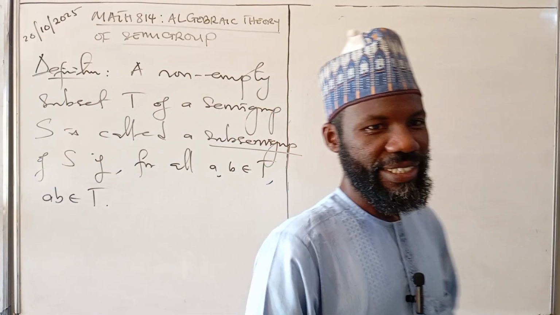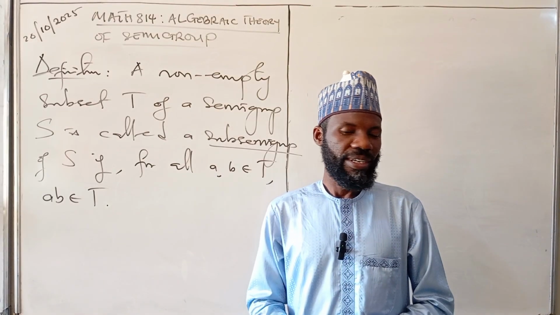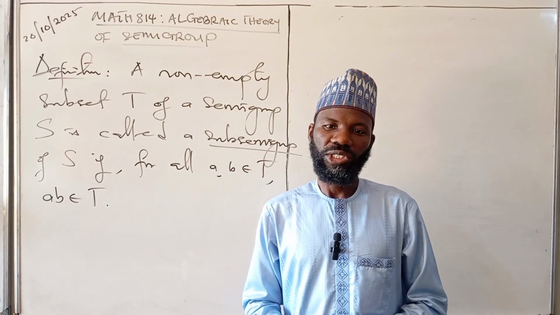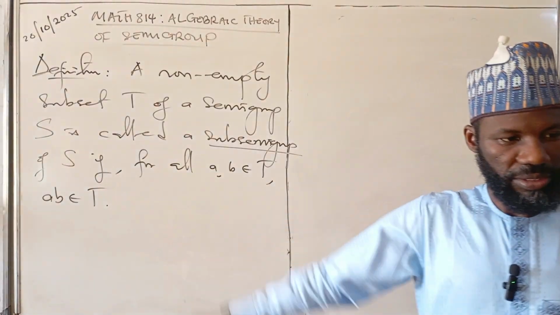It's not difficult to check that a subset is a subsemigroup, because you only need to check the closure property. Once it is closed, this is what it means.